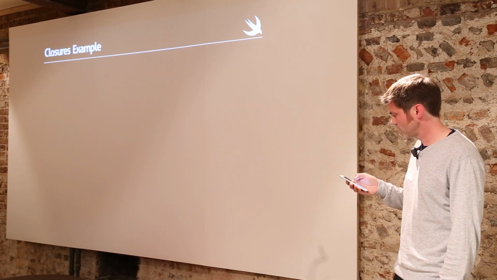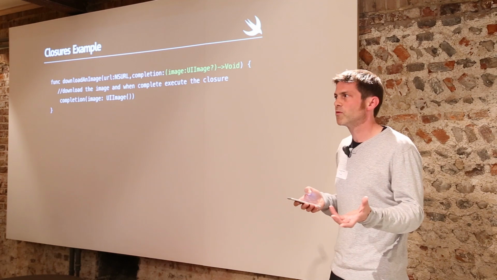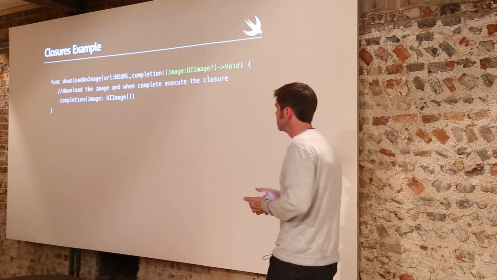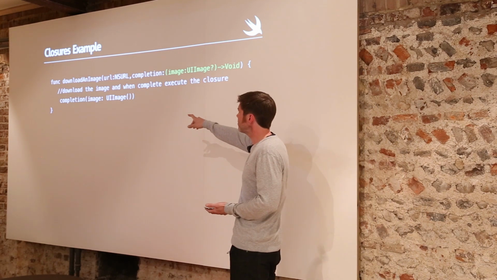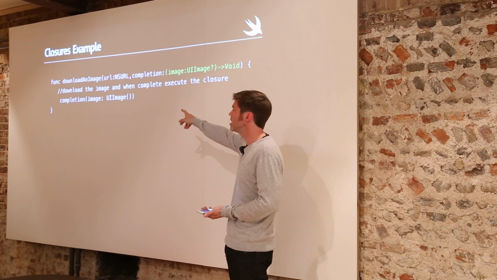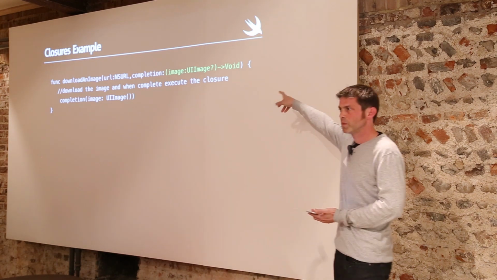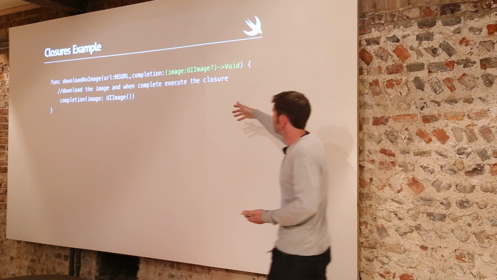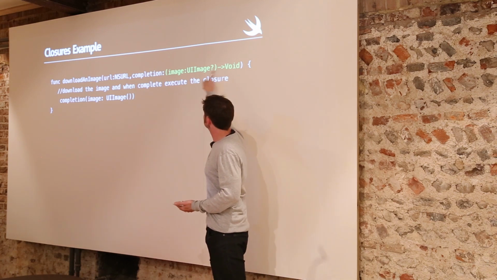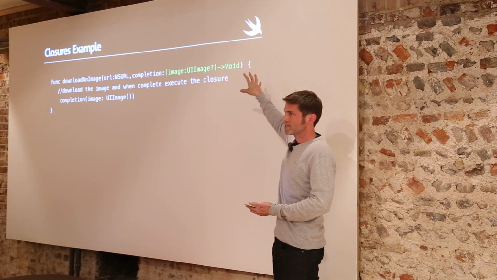Let's take a quick look at a closure example: downloading an image from the internet. Here we've got a Swift function that accepts two parameters. One is a URL for that image, and the second is a completion closure. This green code signifies the closure.